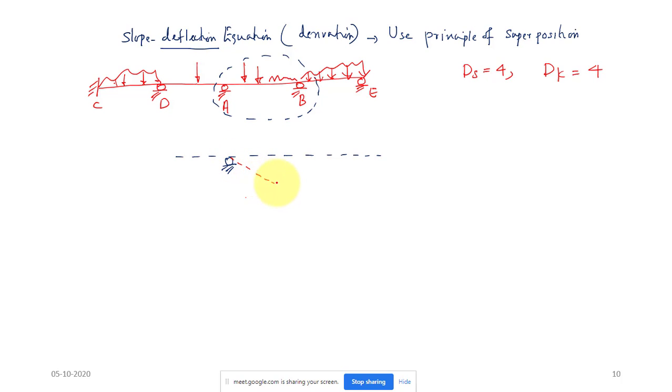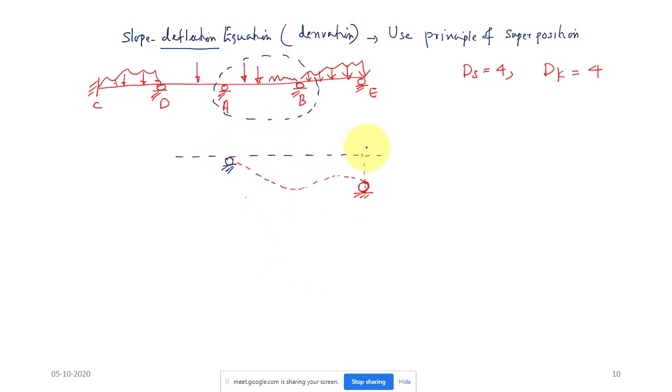This is going to bend. Point B I am taking here, just for a larger drawing. I am drawing support B here. This is the deformed shape, and the initial position was here.